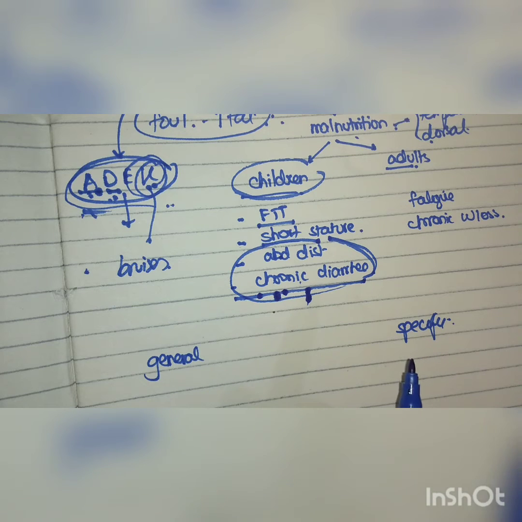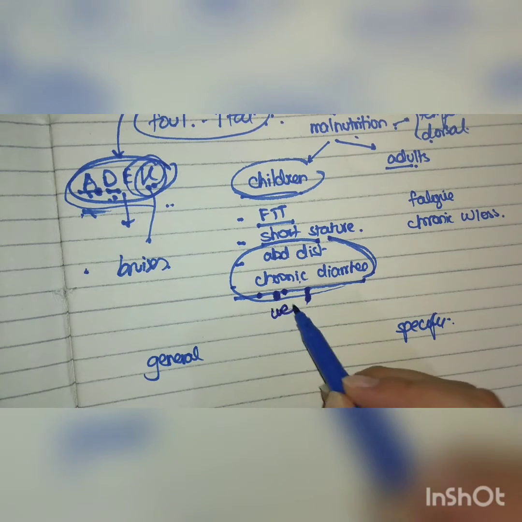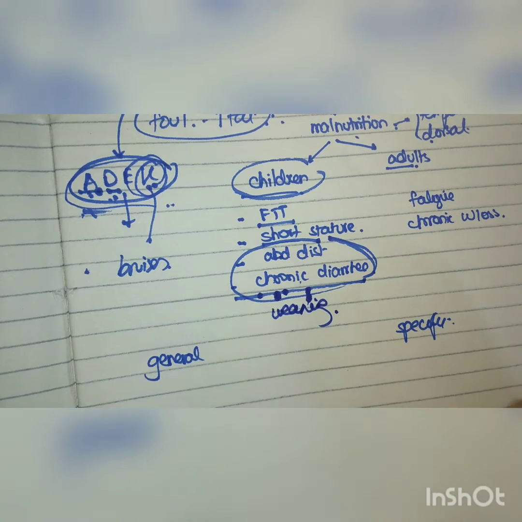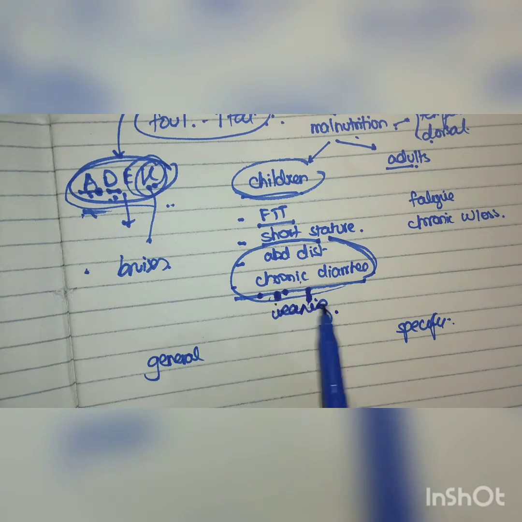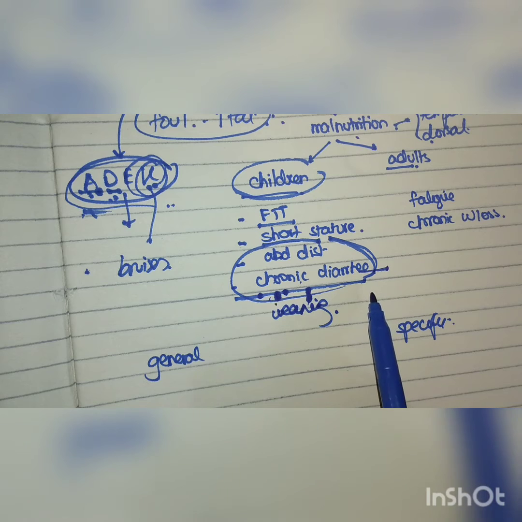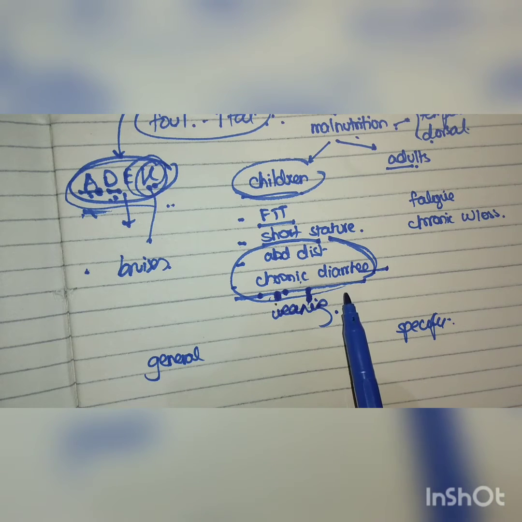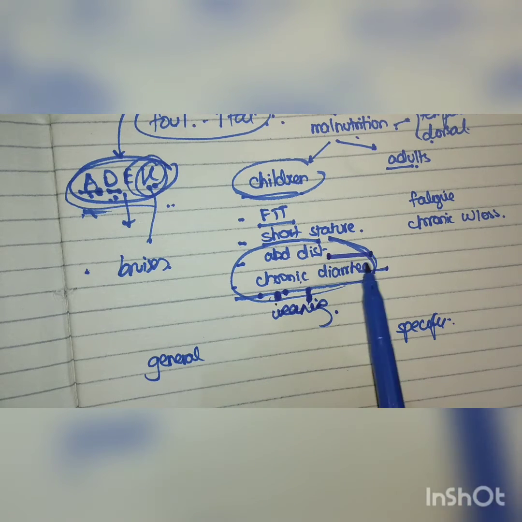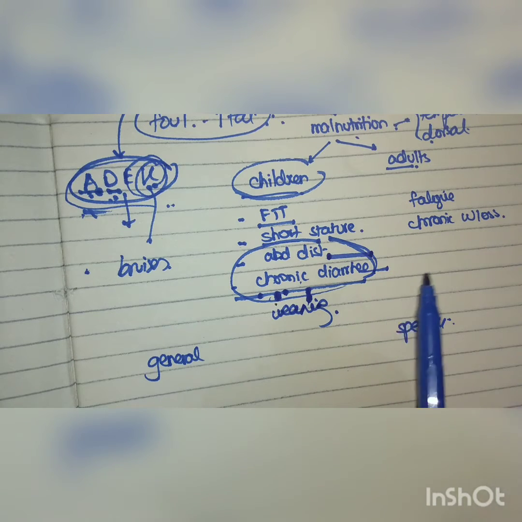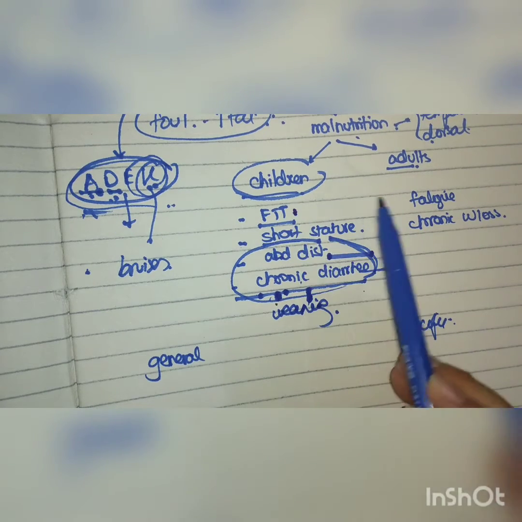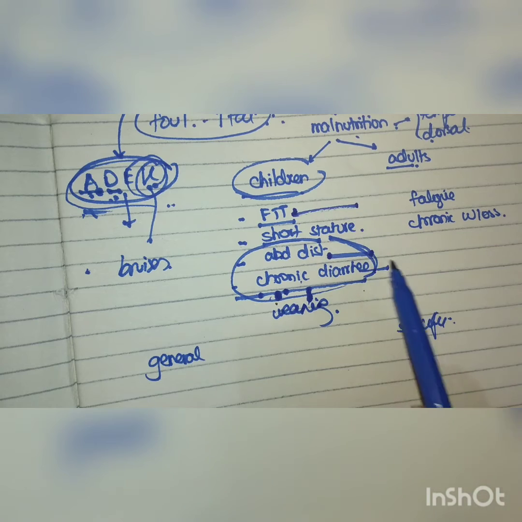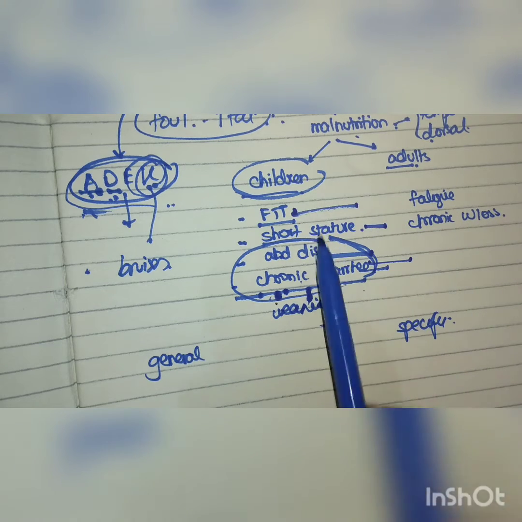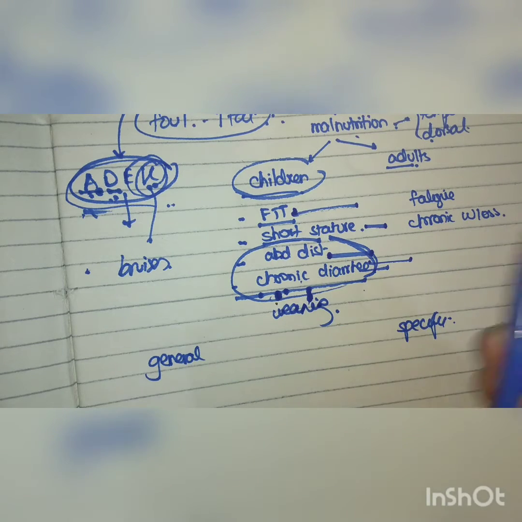They would just say that from the time they started weaning, mostly after 6 months, the child started having diarrhea. They would think maybe it's a chronic infection and stuff like that, and abdominal distension and bloating would be there. So whenever you get a long case of failure to thrive, it is very common. Long case of chronic diarrhea and short stature is very common. So always consider celiac disease as your differential.